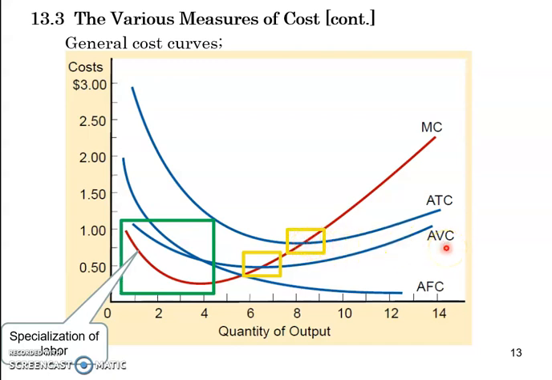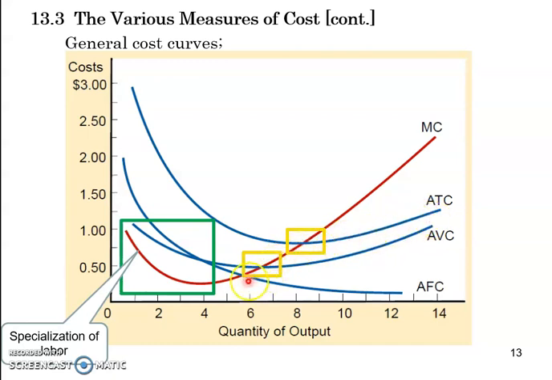Now remember, the way we could interpret this crossing the bottom is when MC lies above ATC and AVC, then these two average cost curves are going to be upward sloping.